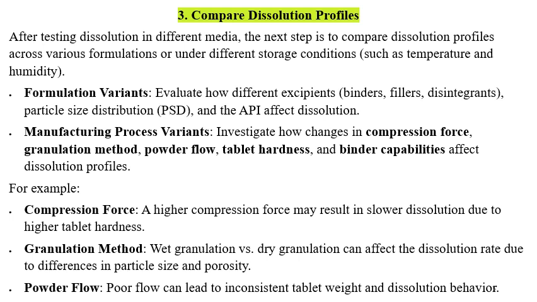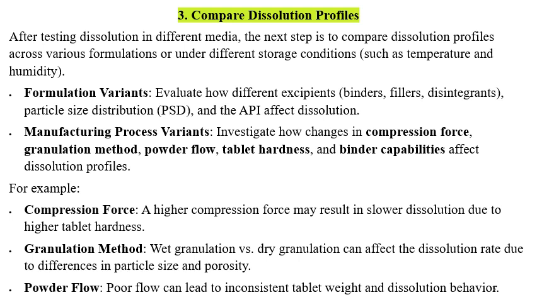Then compare the dissolution profiles. After testing dissolution of the formulation in different medias, the next step is to compare dissolution profiles across various formulations or under different storage conditions like temperature and humidity. Formulation variations can be studied, like the effect of API PSD, effect of different excipients like binders, fillers, disintegrants, and the API form; you can also study how it affects the dissolution.